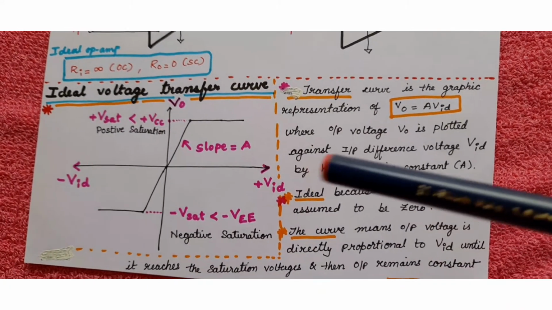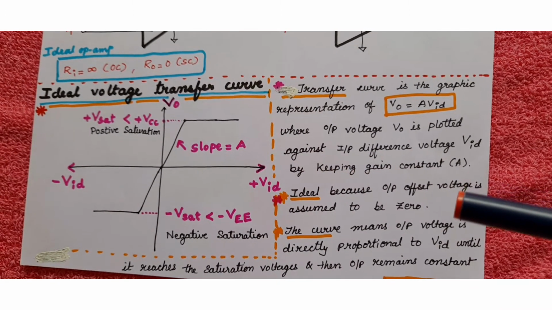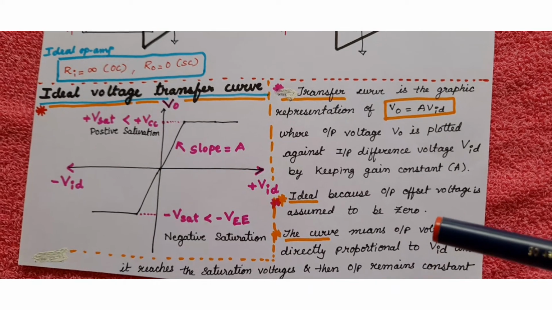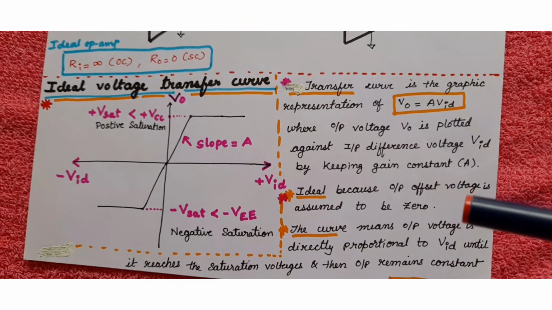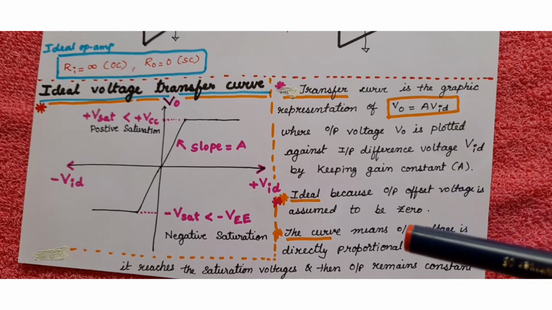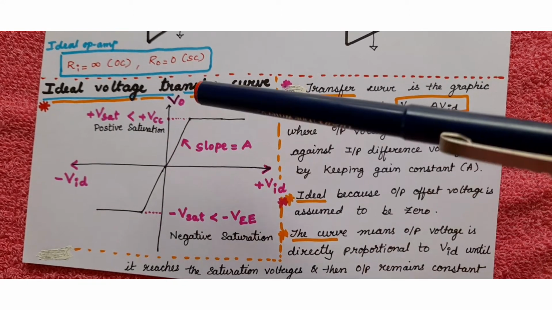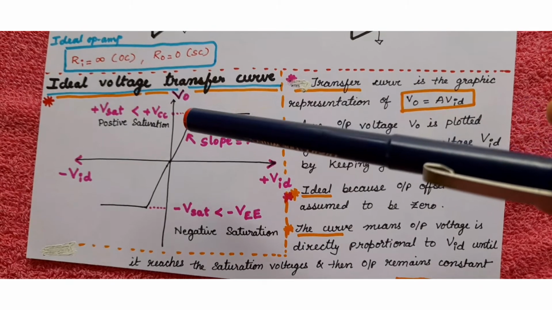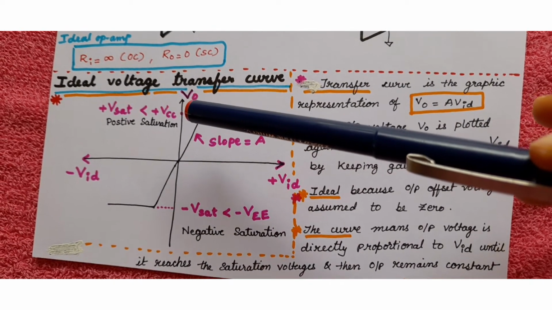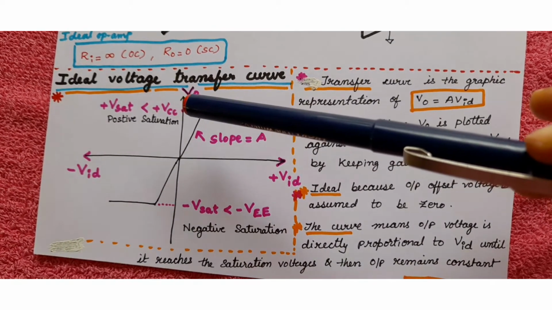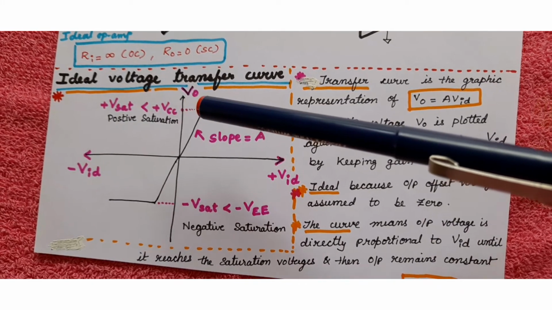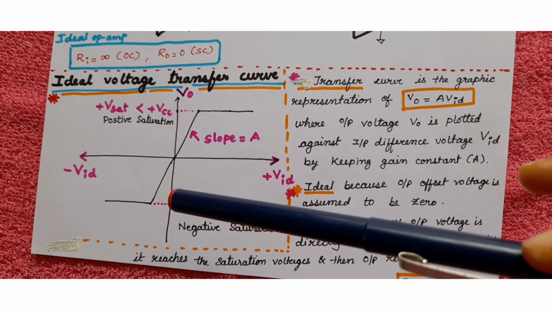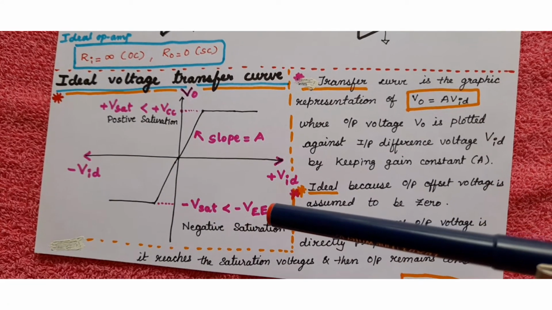What do you understand from this curve? The graph shows that the output voltage is directly proportional to the input voltage VID until it reaches a saturation value. On the positive axis, it is positive saturation, and on the negative axis, it is negative saturation.